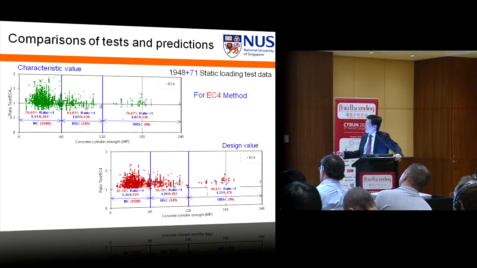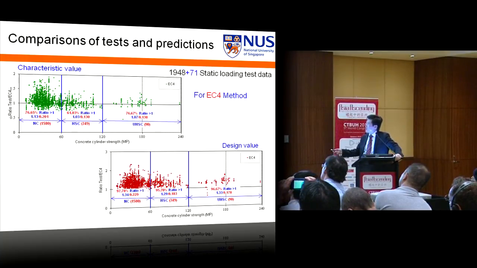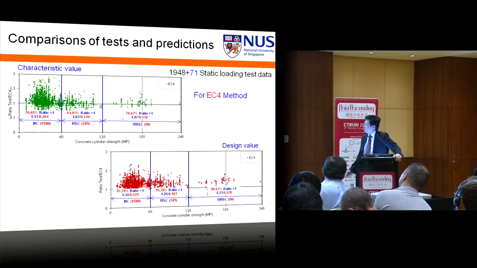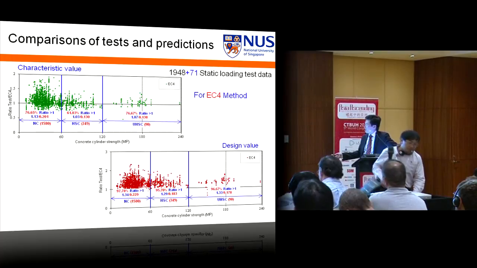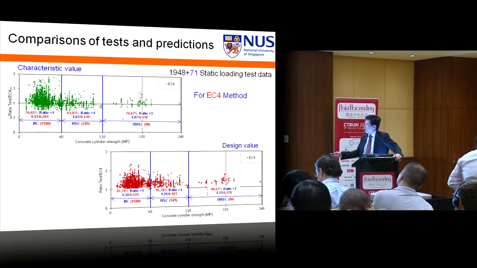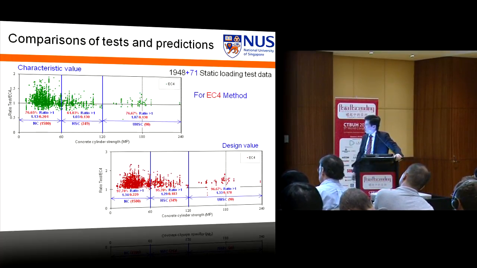You plot the design value, that means the test result divided by the design value. This curve all shifts up because the other is based on the characteristic value, and this is the design value. You can see there's no reason that you cannot extend the current code of practice to cover even the ultra-high strength concrete.